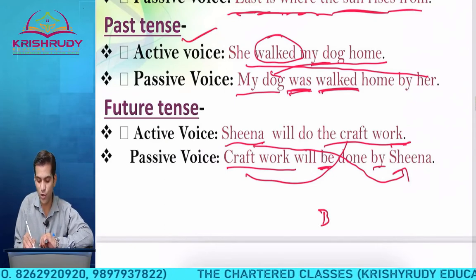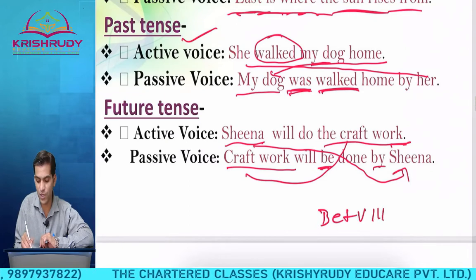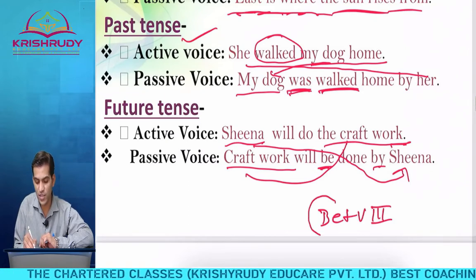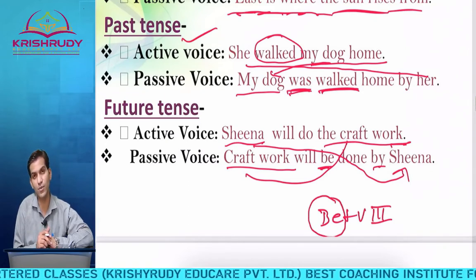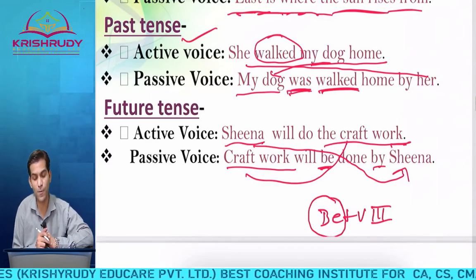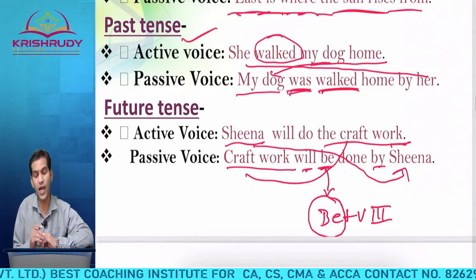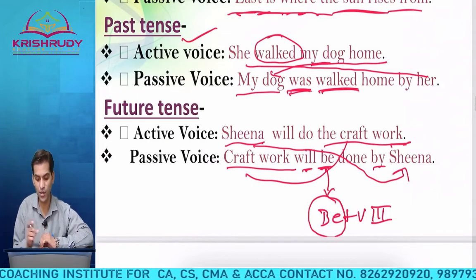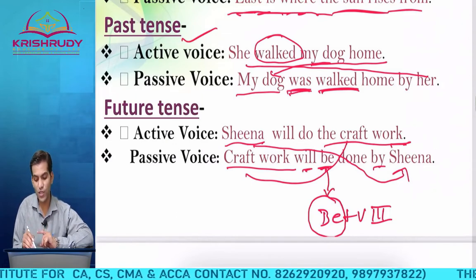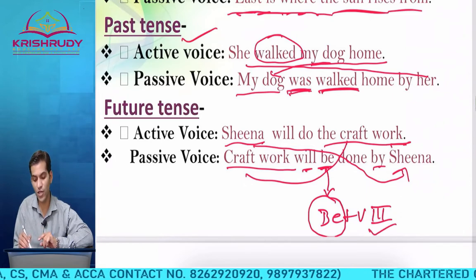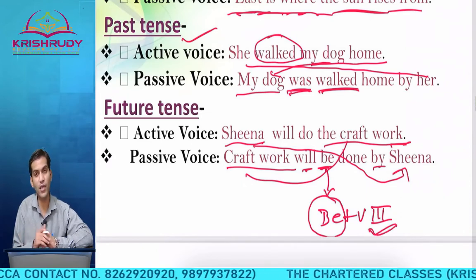As I told you already, be plus verb third form. So "be" is itself the verb first form. With "will" we use it as it is, right? So "The craft work will be done," again third form, "will be done by Sheena."